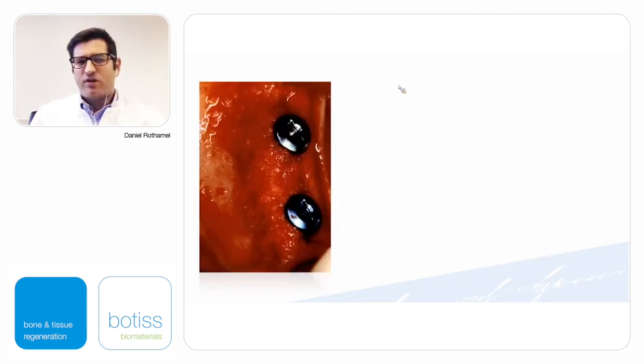The big advantage of using a collagen membrane is its absorbability. There are other products that are also biodegraded, such as polylactide or polyglycolide or copolymer membranes.